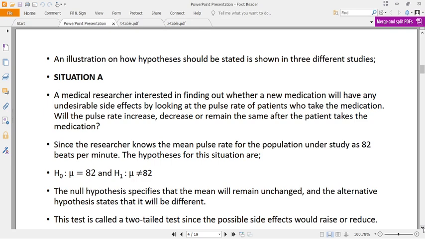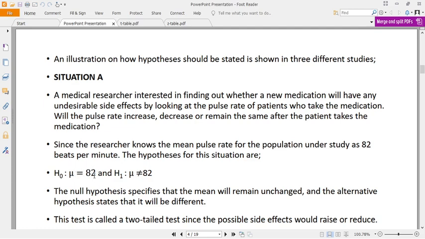So, stating her hypotheses, the researcher is claiming that the medication will have side effects. A side effect can be positive or negative. So if we want to set the null hypothesis for that case, H naught, the mean will remain unchanged.